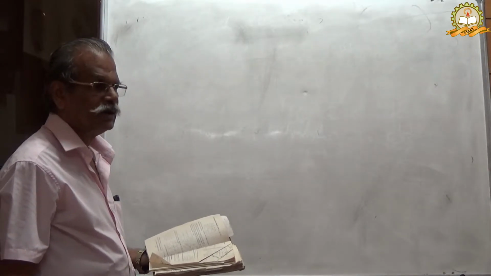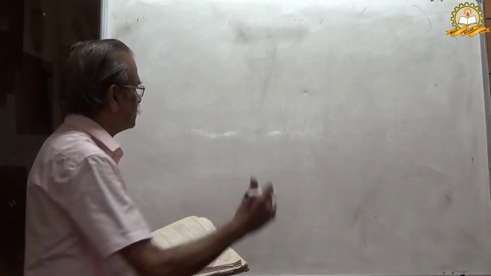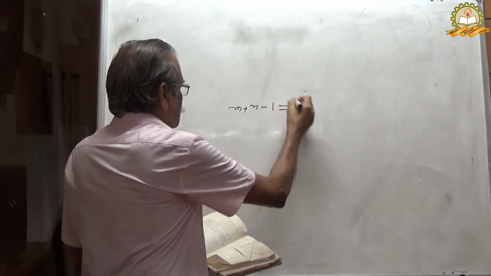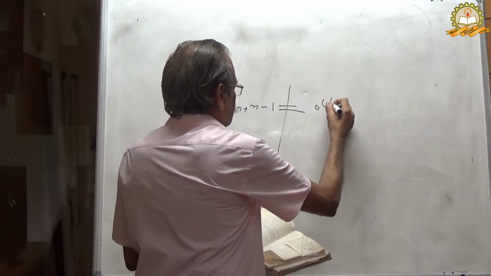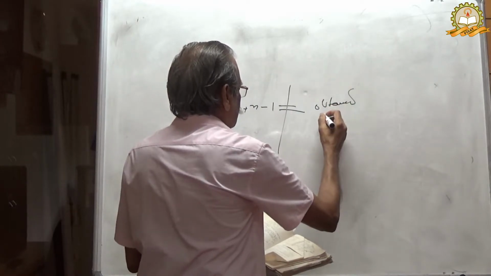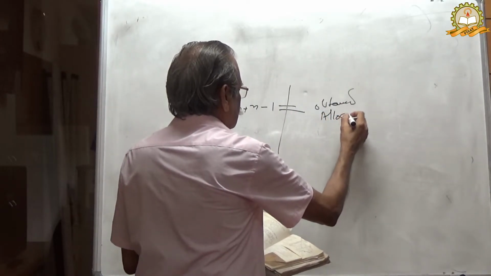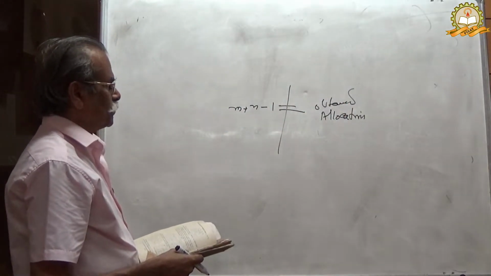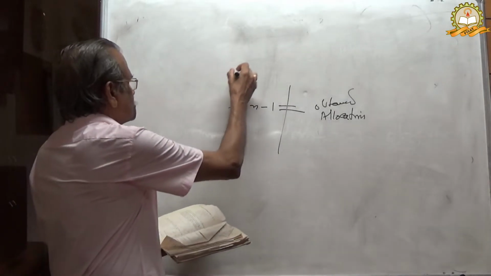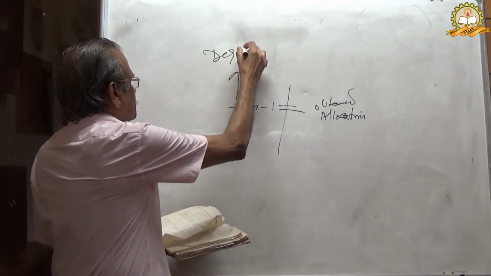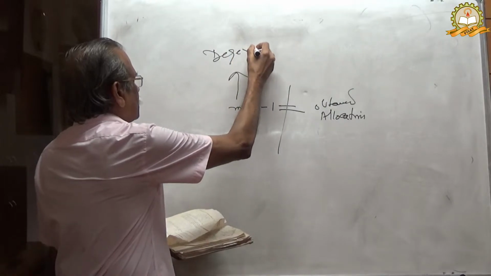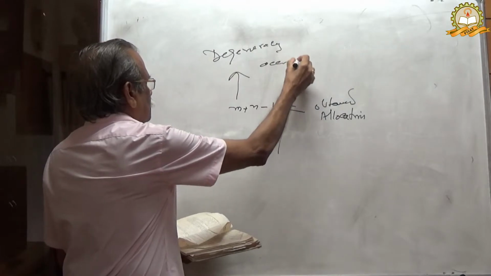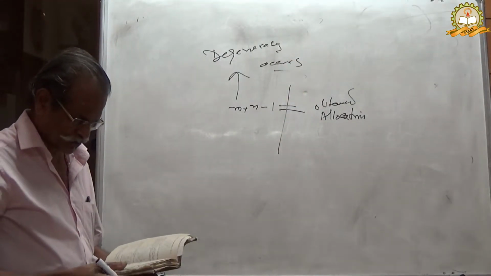Then we say degeneracy occurs. If m plus n minus 1 is not equal to the obtained allocation, then we say degeneracy occurs.